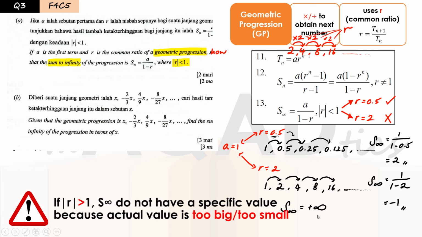Which is why for certain values of r, we cannot find the S infinity value, which is why we set this condition. It only works when modulus r is less than 1, right? Otherwise, it would be positive infinity, like this case here. So that's the reason why we need to add this condition here.